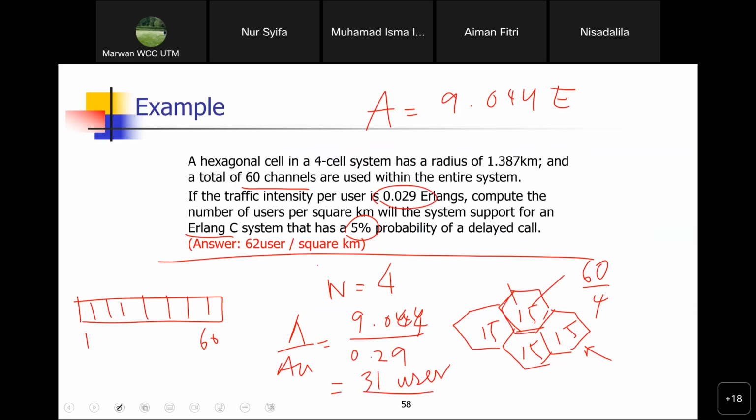What you need to find is how many per square foot. Just need to find the users divided by the area. So you can find the area by having this radius.